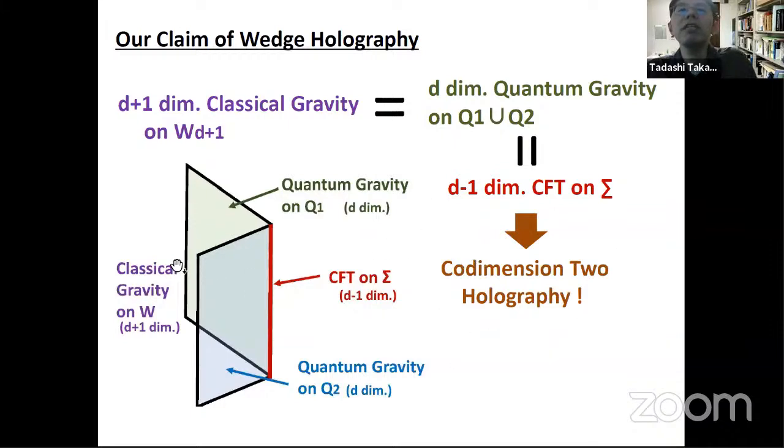One way to understand this: first we go from this D+1 dimensional gravity, with brane-wide type holography in mind, to one-dimension-lower quantum gravity, which lives on the boundaries Q1 and Q2. Then we can perform AdS/CFT again, down to D-1 dimensions. Then there is no gravity here.